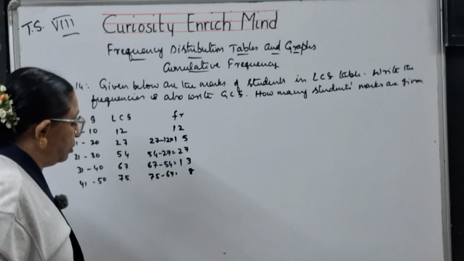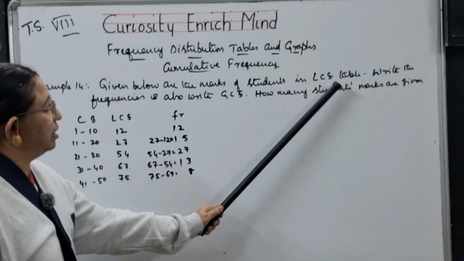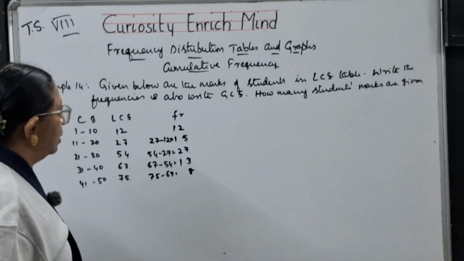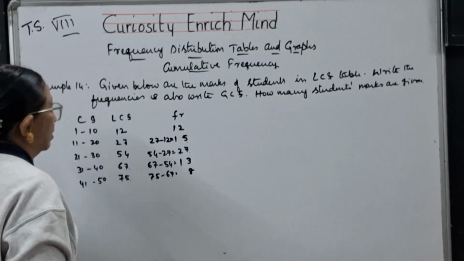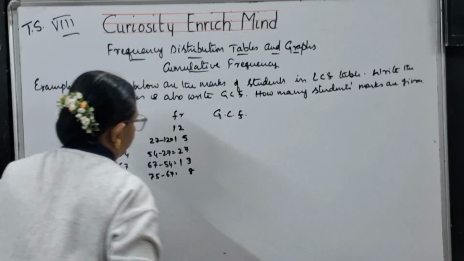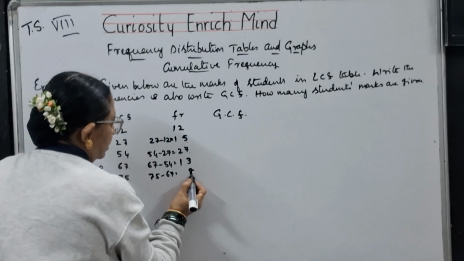Given below are the marks of the students in less than cumulative frequency. Write the frequencies. I have written the frequencies. Now you have to find the greater than cumulative frequency. Greater than cumulative frequency means we start with the greatest frequency, that is 8.